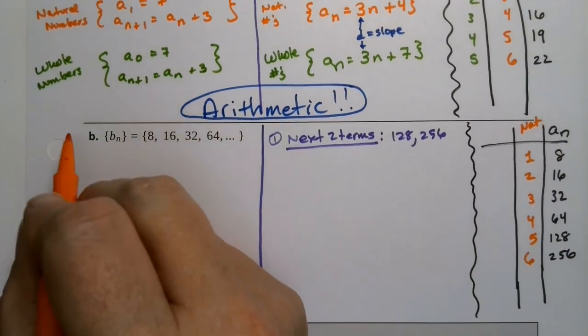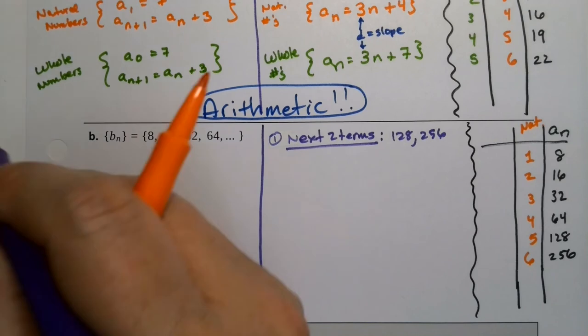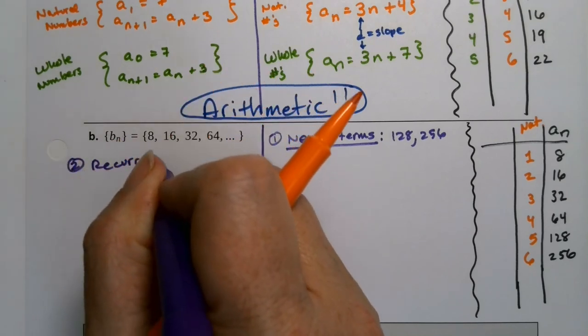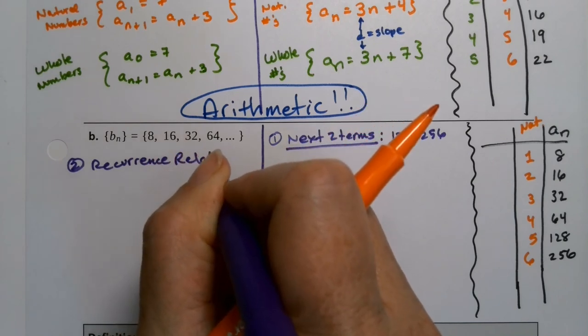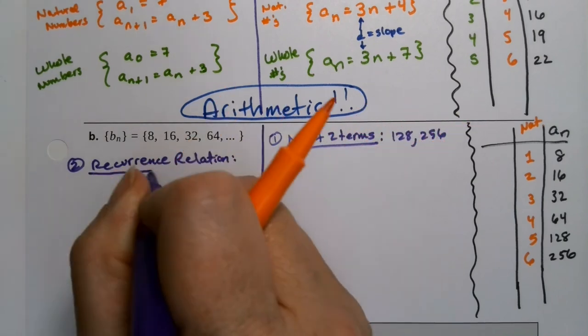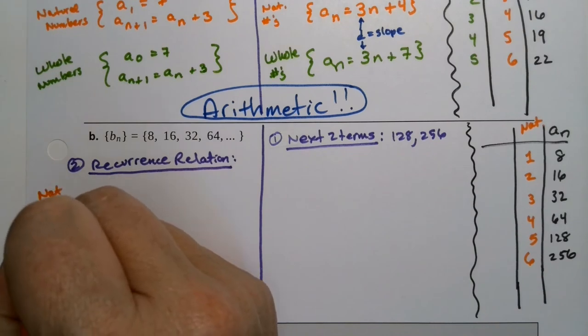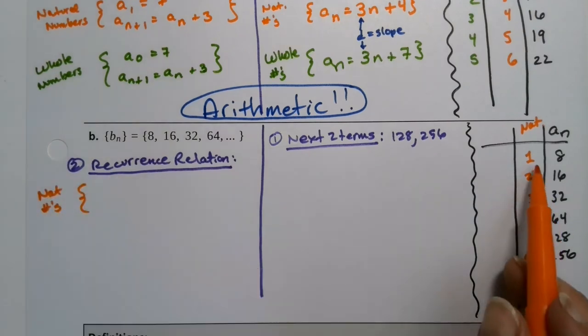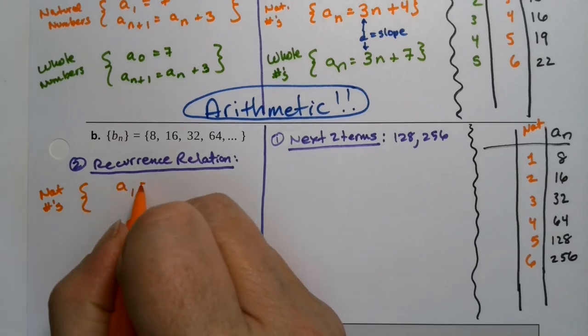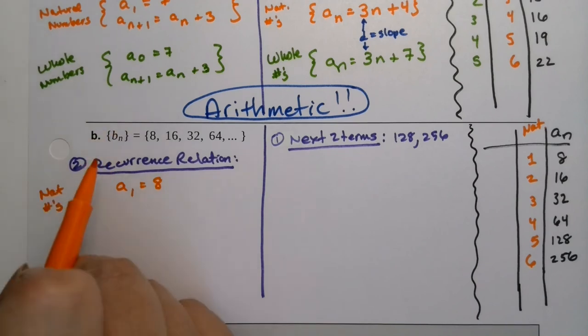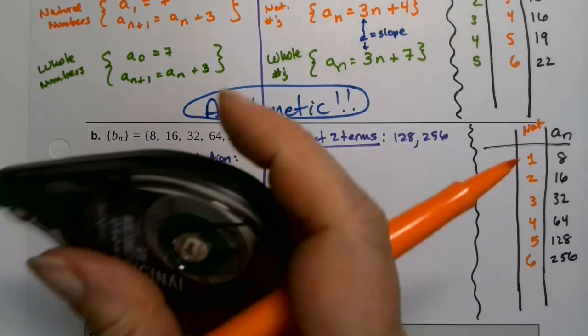Okay, so for a recurrence relation, which I'm going to do over here, for the natural numbers, I would say a sub 1 is 8. Oh, sorry, b sub 1. I switched this letter, right? We do that all the time.